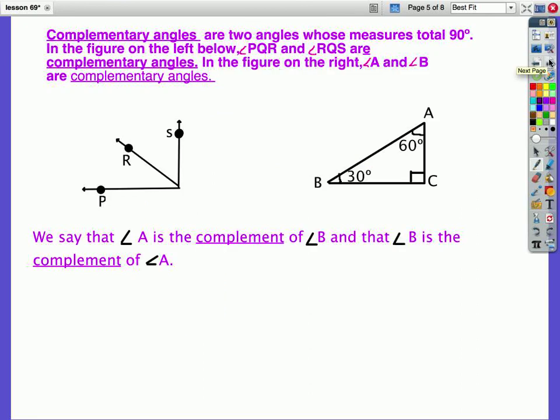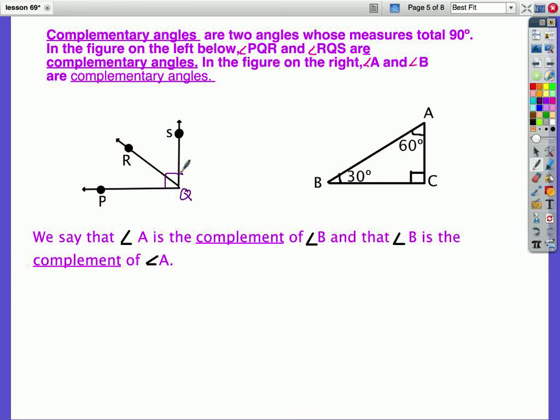Now we're going to talk about angles. So complementary angles are 2 angles whose measures total 90 degrees. In the figure on the left below, angle PQR and angle RQS are complementary angles, because together this forms a right angle.